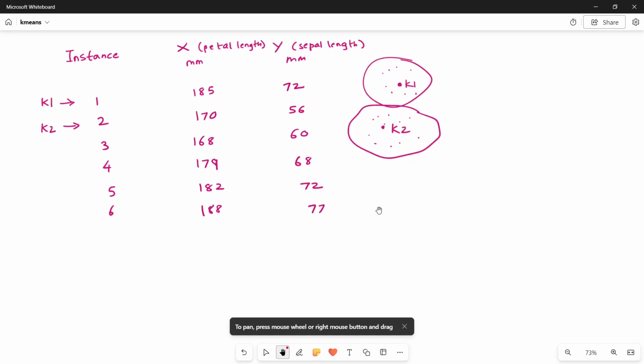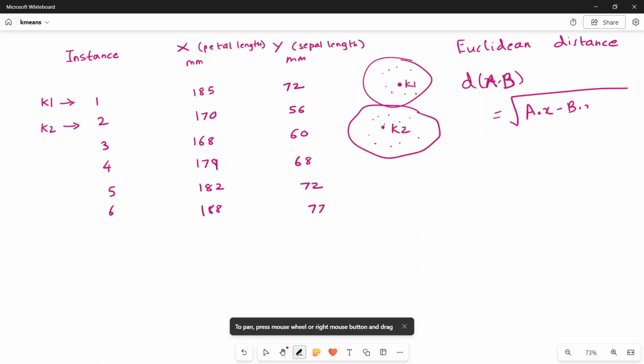For anyone who has forgotten what Euclidean distance is, d of AB is equal to the square root of (a.x minus b.x) square plus (a.y minus b.y) square.